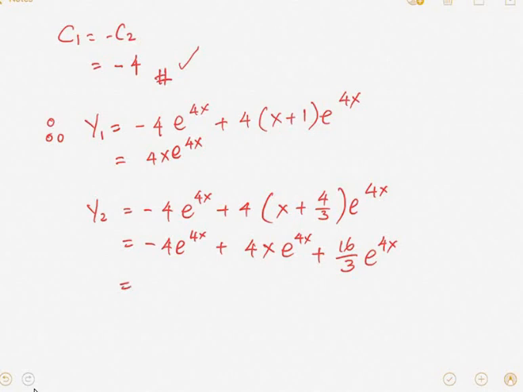So it's equal to 4x plus 4 over 3 times e to the 4x.